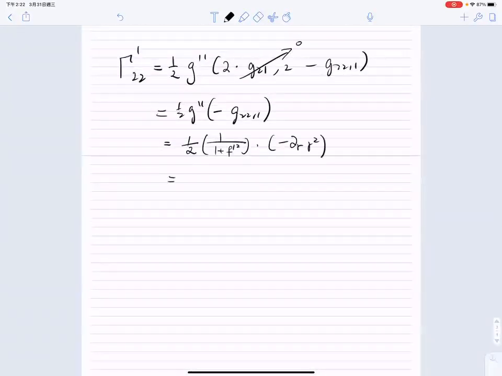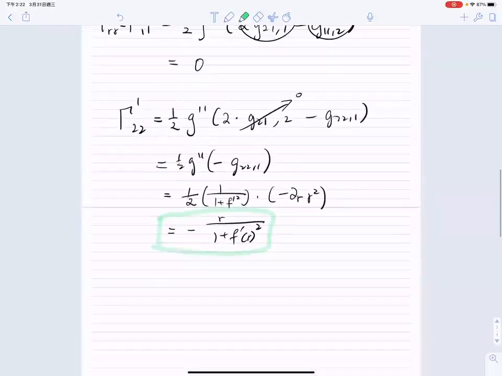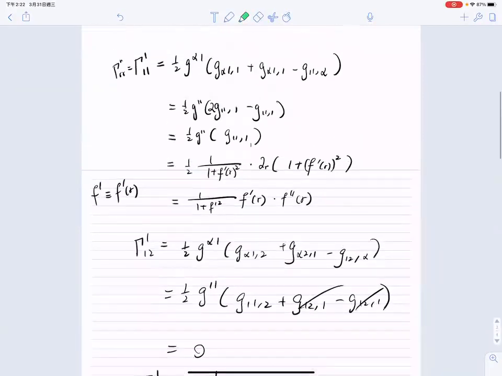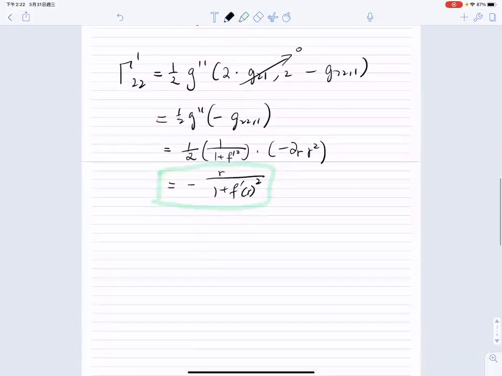Finally, it would come out something like that. Make sure your answer is correct. I should highlight the non-zero components for you.